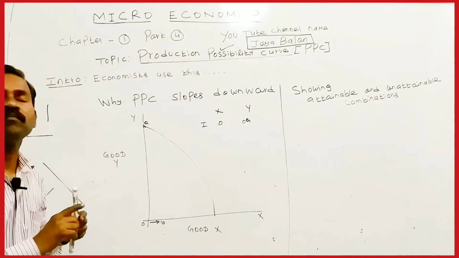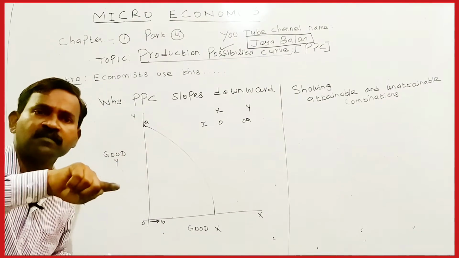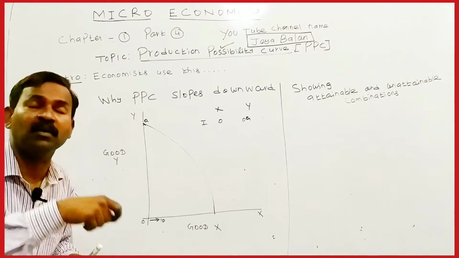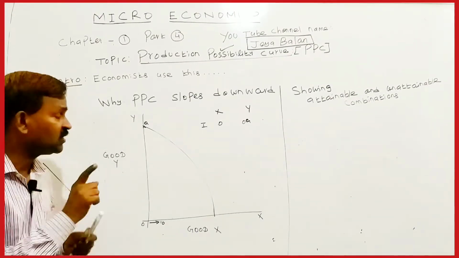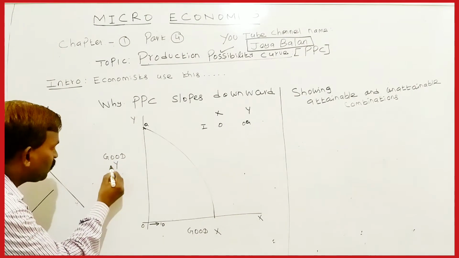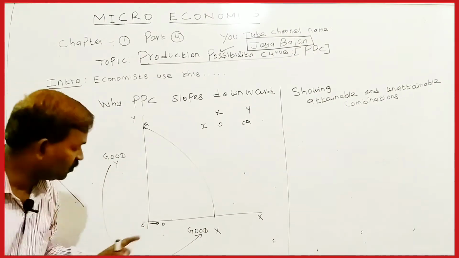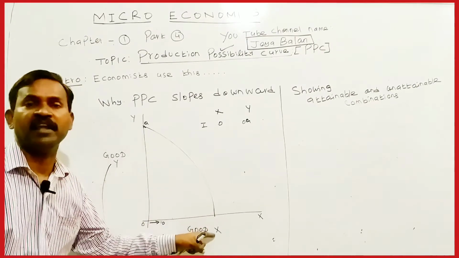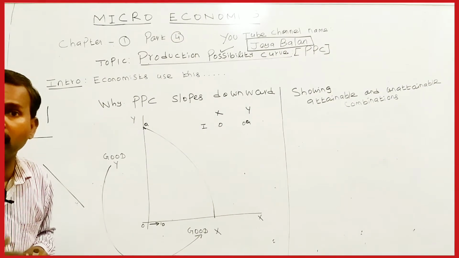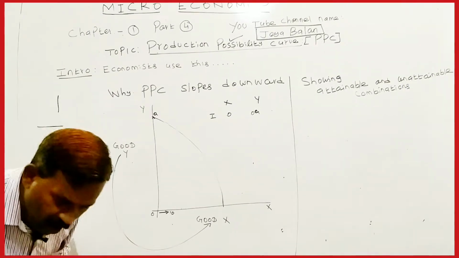If the economy shifts some of the resources, like some land, some labor, some capital, some entrepreneur skill, if some of the factors of production are shifted from the production of good Y to the production of good X, only then you can increase the production of good X. Then what will happen to the factors which are used in the production of good Y? It will decrease. So what will happen? The production of good Y will fall.